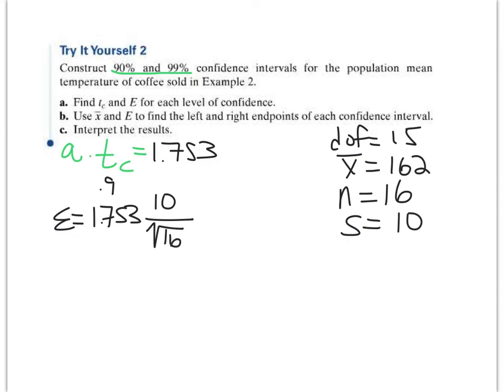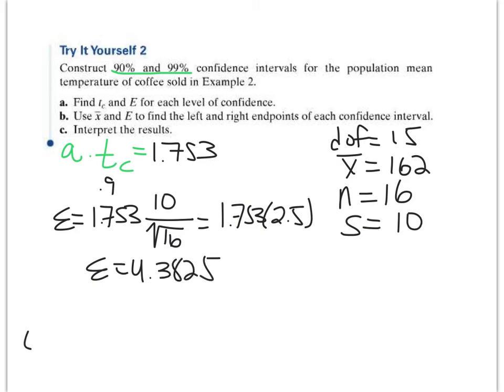Go ahead and simplify that in your calculator. I'm going to do 10 divided by radical 16 first, and I get 2.5. Then 1.753 times 2.5 gives my margin of error of 4.3825.